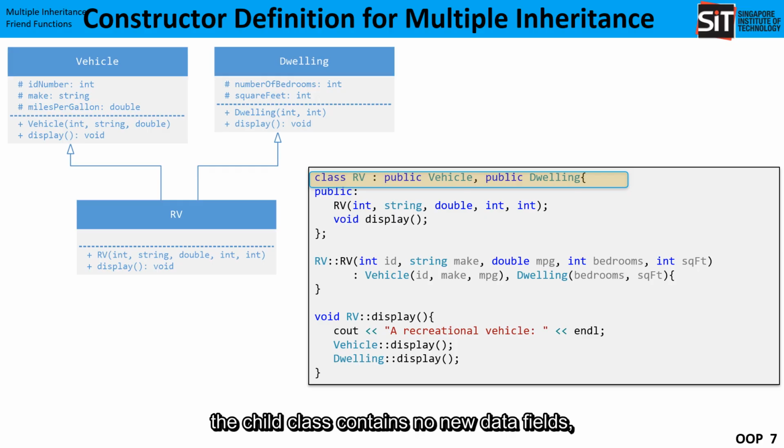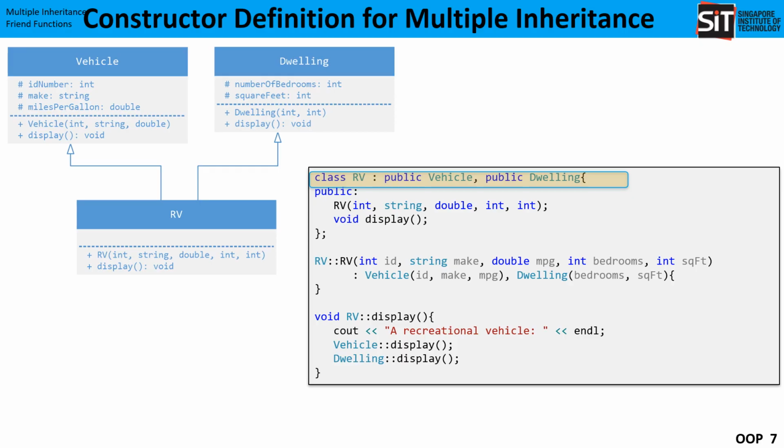In this case, the child class contains no new data field, but it could. The RV class also has access to the parents' functions and adds two of its own, a constructor and a display function.